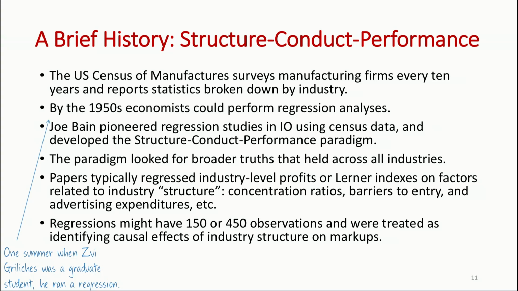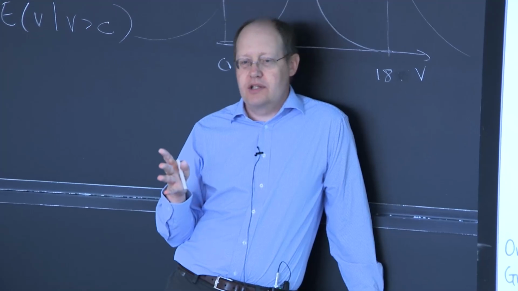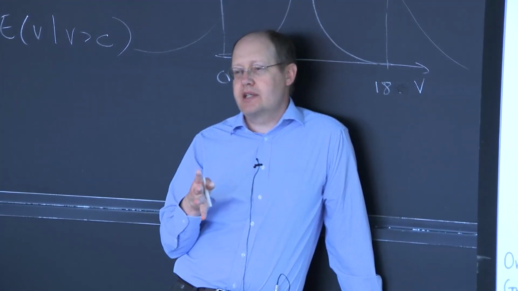And Joe Bain, who was the first to do regressions within industry study, had the view that I/O shouldn't be developing these facts about the coal industry or the steel industry. We want broad truths that apply to all industries. And so what became popular in I/O after that was cross-section regressions.